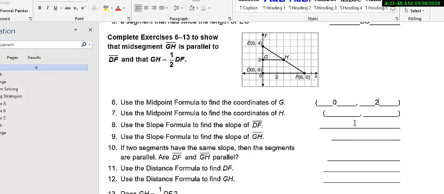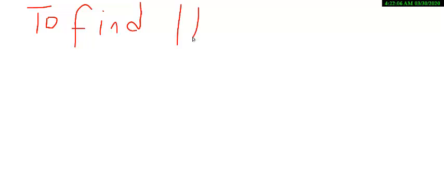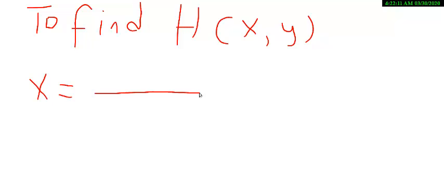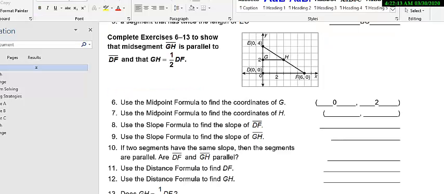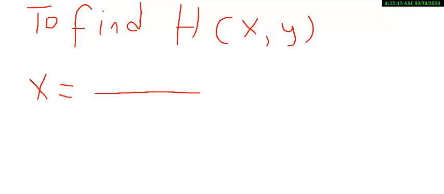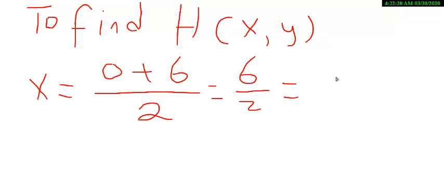We'll do the same thing with question number 7, which states to use the midpoint formula to find the coordinates of H. To find H's coordinates, x and y, x will be the sum of the x coordinates, which is 0 plus 6 over 2, so it's 6 over 2, which is 3.